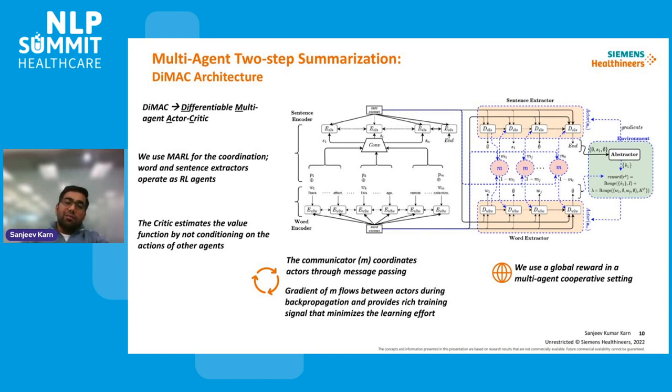We call this system differentiable multi-agent actor critic. As I mentioned previously, there are two agents, which is a multi-agent setup, and then we use actor critic for our learning of this multi-agent system. Differentiable because we have this communicator, which communicates information from one agent to another, here the word extractor to the sentence extractor and back.